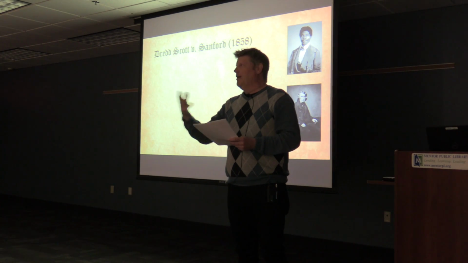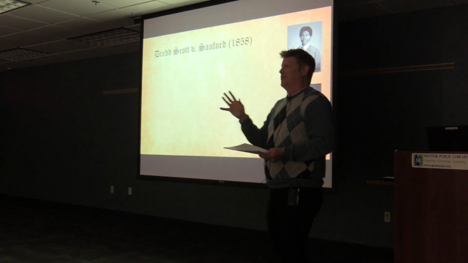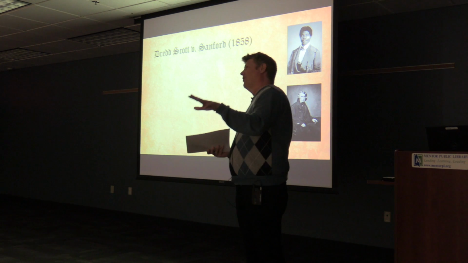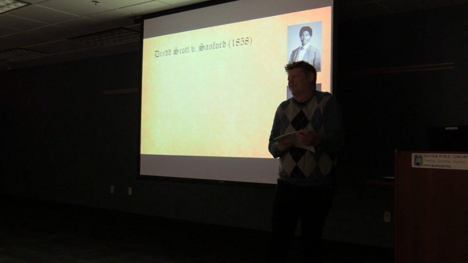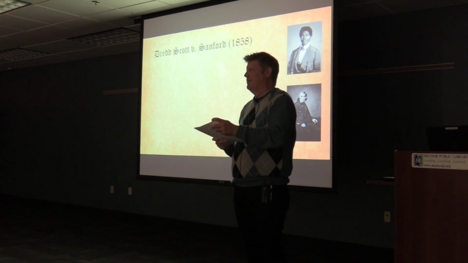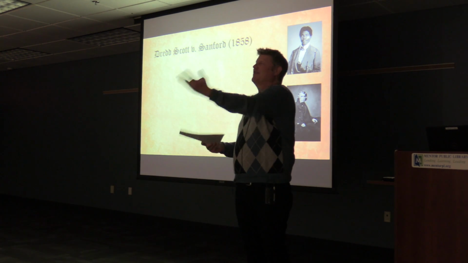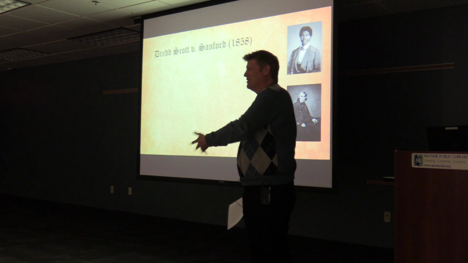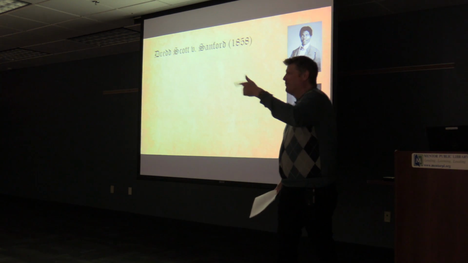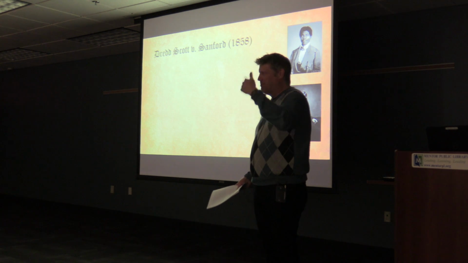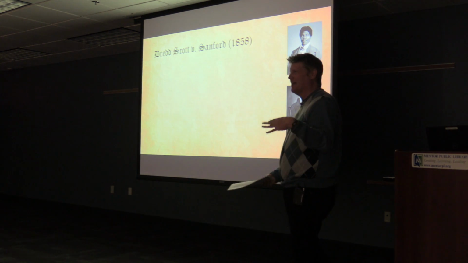Basically, he argued on the basis of no evidence whatsoever that, first of all, they weren't really serious in the Declaration of Independence about the idea of everybody being equal. Obviously, everybody's not equal. There's a certain sense in which this is true, right? We're all different, but we're all equal in the sense that we have the same moral equality. As persons, we have the same sort of moral standing.